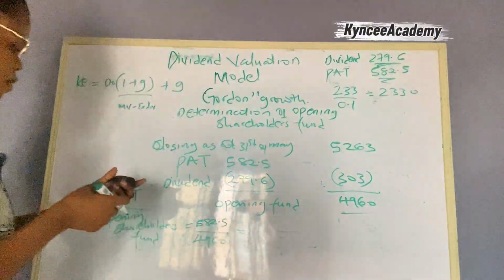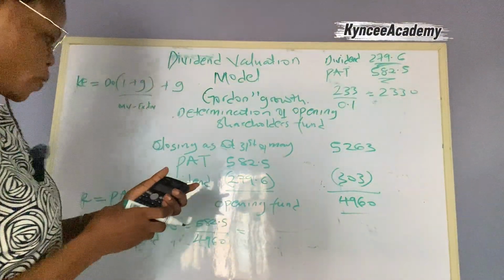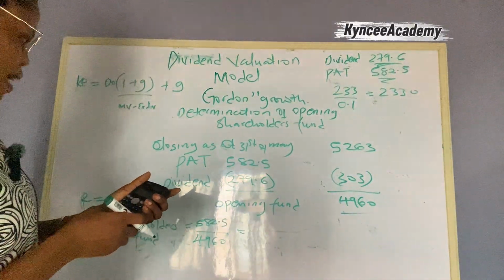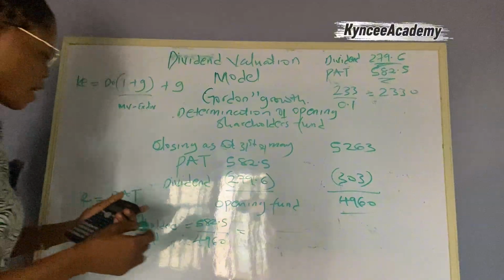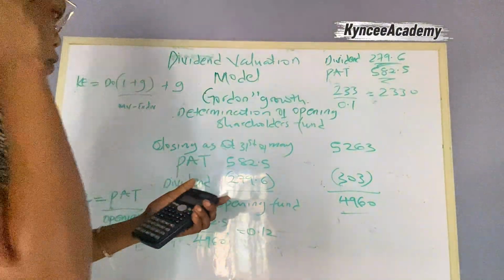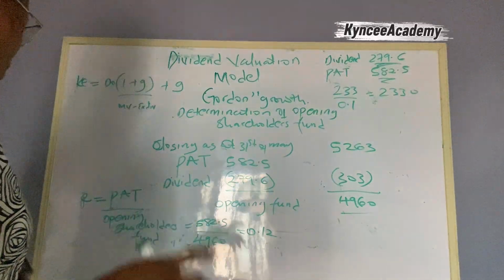We now have 582.5 divided by 4960. We have 0.12. We approximated. Yes, so 0.12.